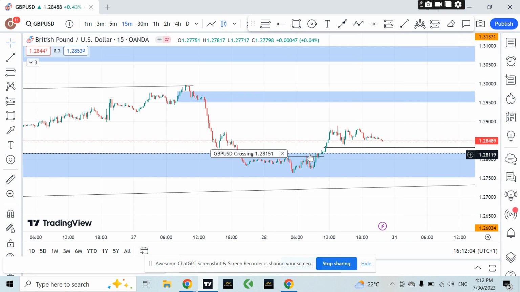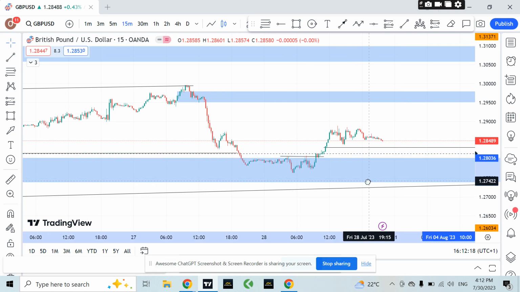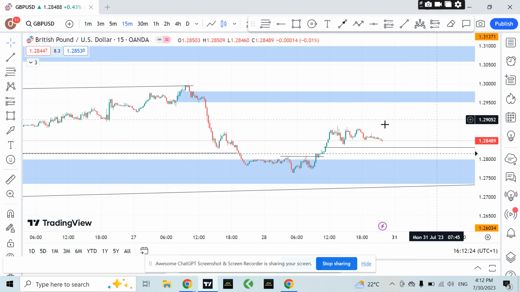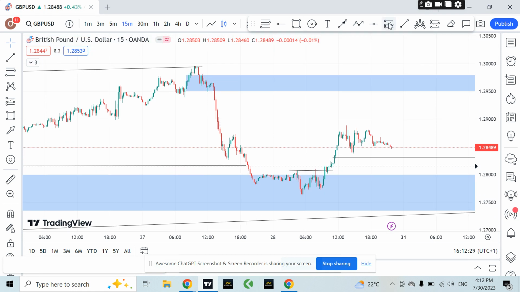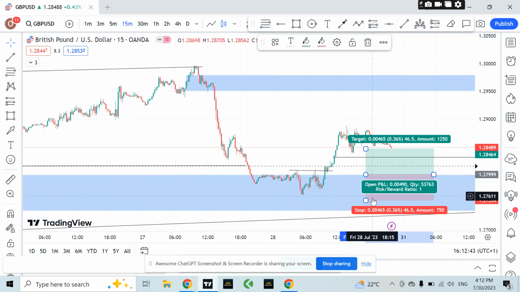So we now see the change of character which I was talking about clearly on the 15 minutes. It was not really that visible on the 1 hour time frame. And now we can see our entry position. So I'll be looking to buy here.